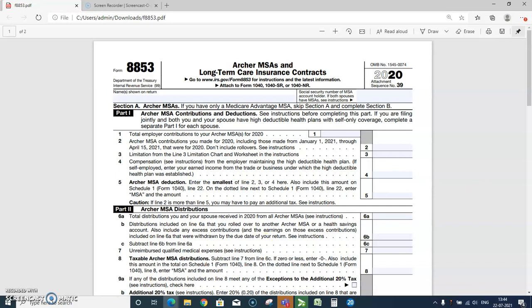Coverage for accidents, dental and vision care, short and long-term disability, or long-term care is also permitted without affecting Archer MSA eligibility. Other consideration: if your employer made contributions to your Archer MSA, you are not entitled to a deduction for your own contributions, though you will still complete Form 8853.